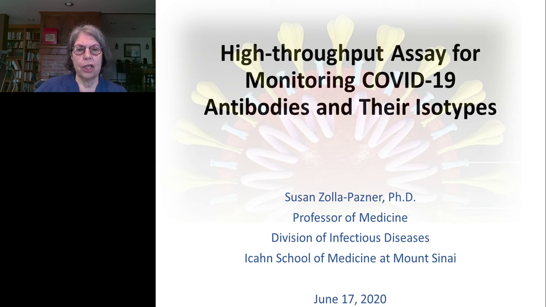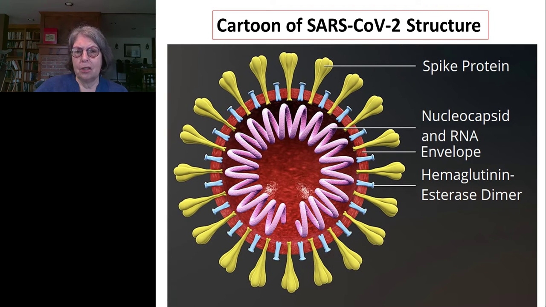So just as an introduction, though you may not need it, I just want to share with you this cartoon of the structure of the virus. We're going to be focusing today on the spike protein, shown in yellow, that covers the surface of the virus particle.